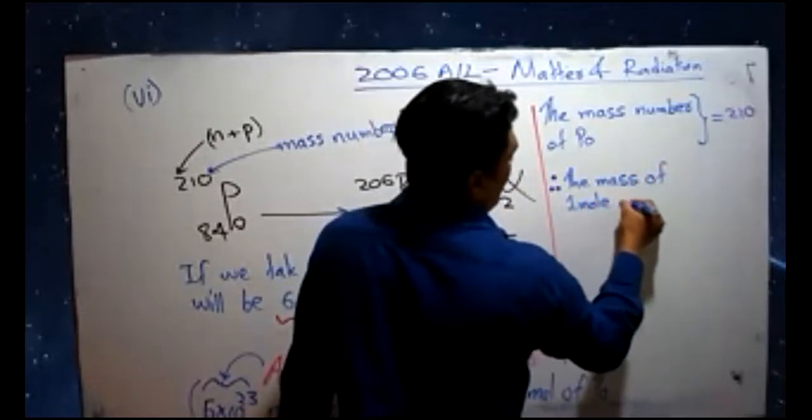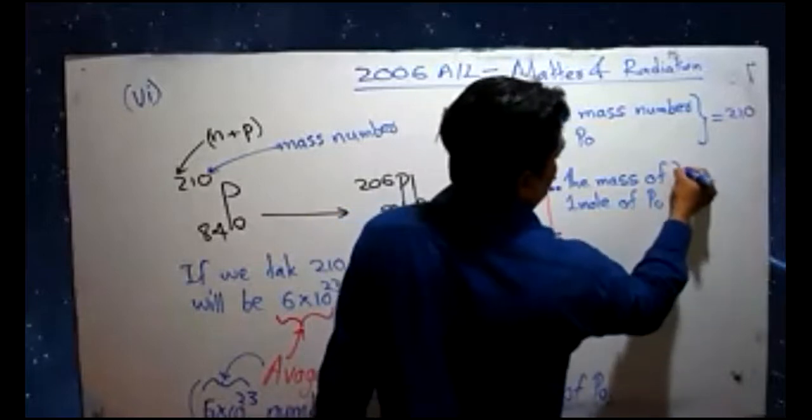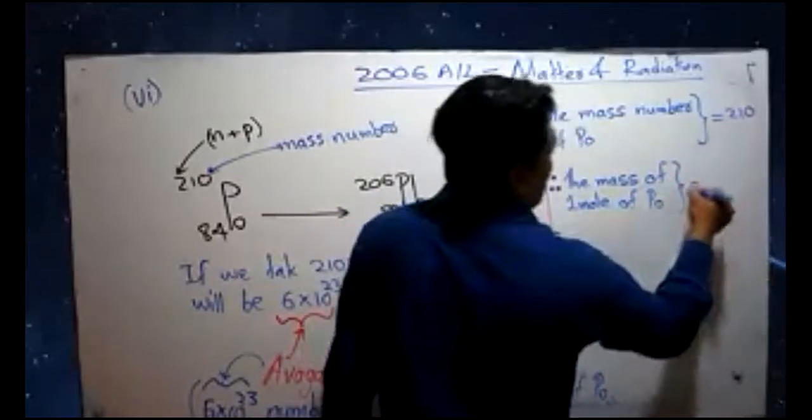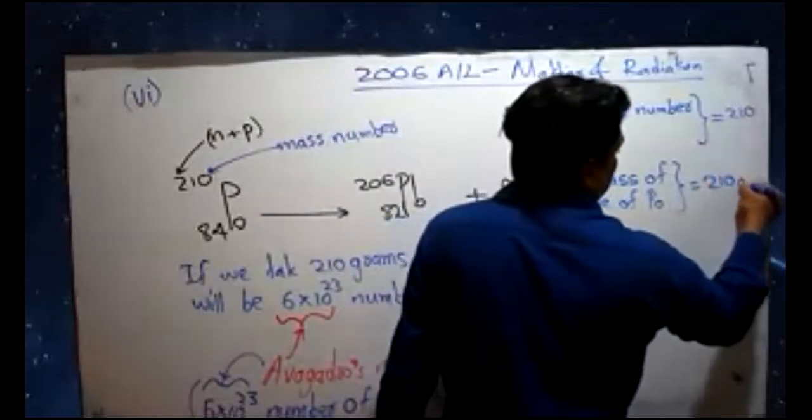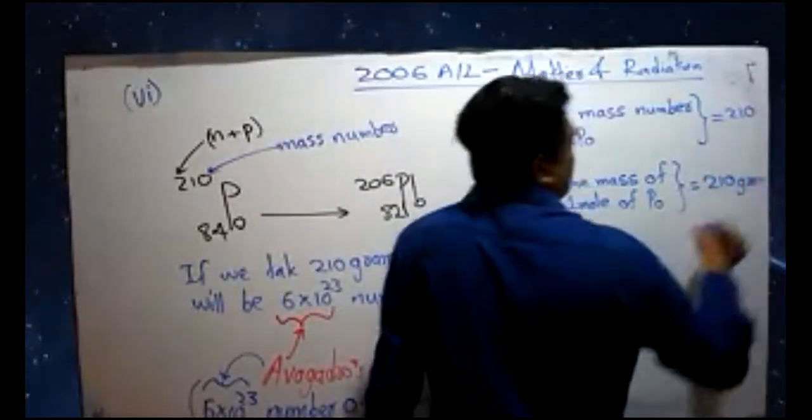Therefore, the mass of 1 mole of polonium is 210. Please write the unit carefully: gram.